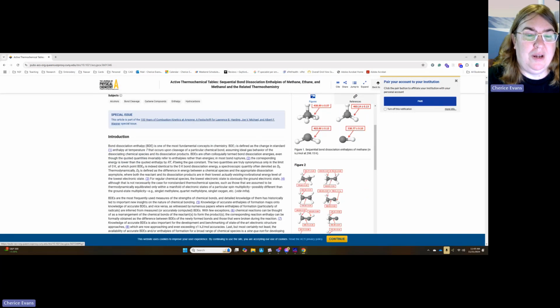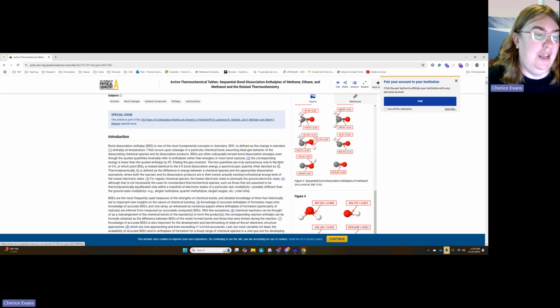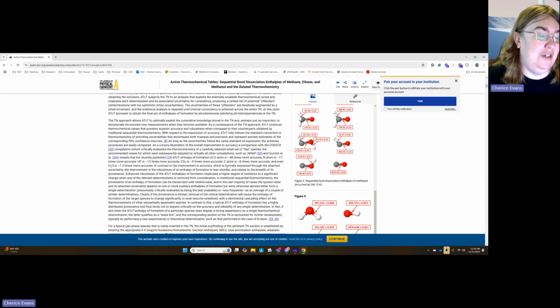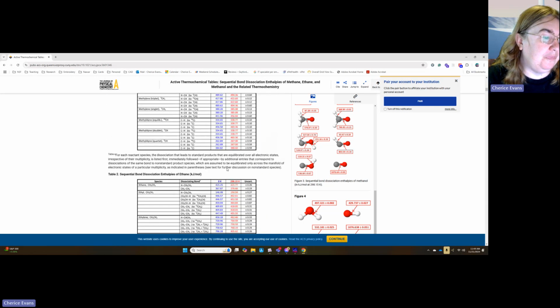So you can see as you break apart bonds and get it down, the energy changes, and that means the overall dissociation energy is different.